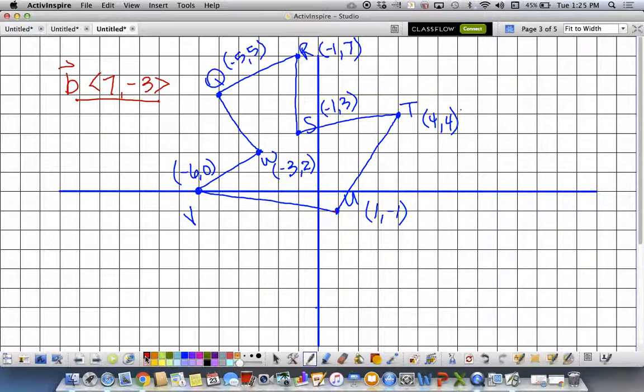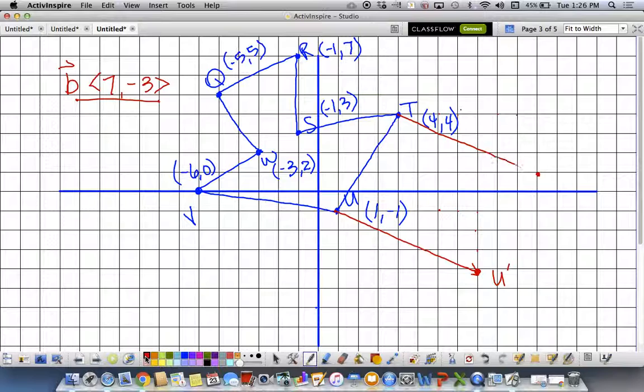I'm going over 7. 2, 3, 4, 5, 6, 7, negative 3. That's U prime. I wish we could duplicate. I'm going to do all of them. 2, 3, 4, 5, 6, 7, negative 3.